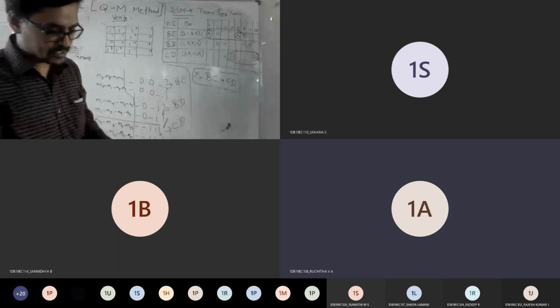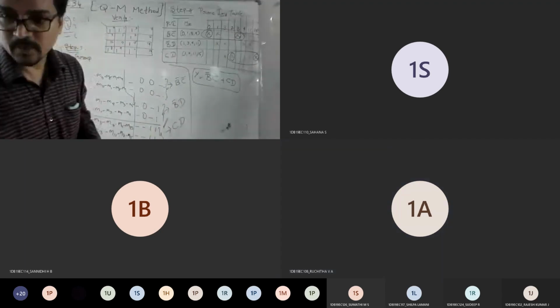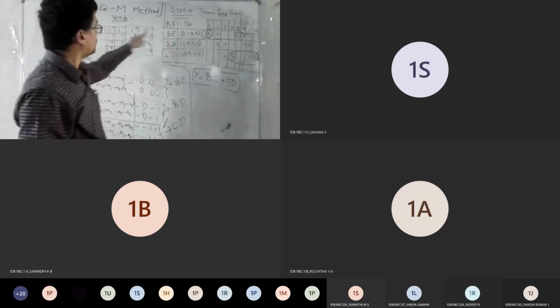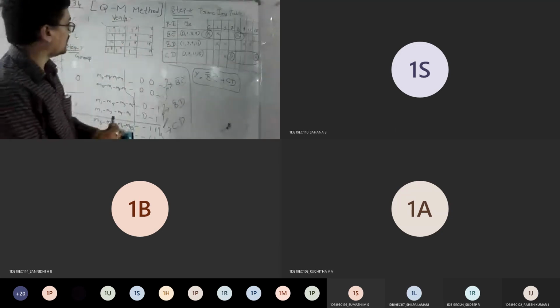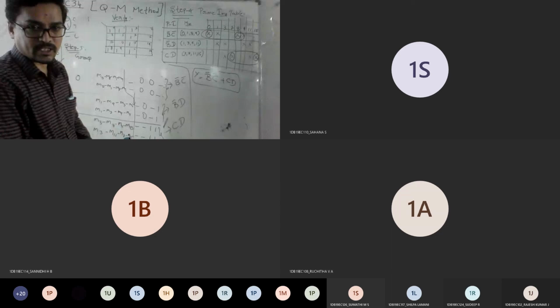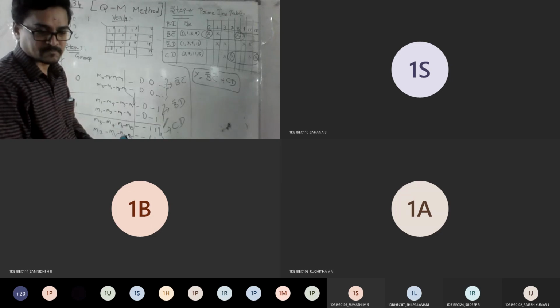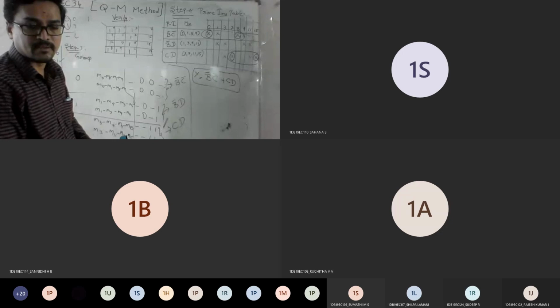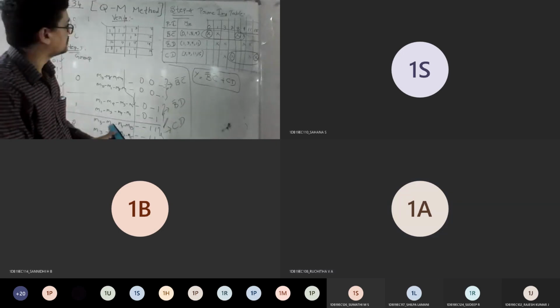So this is what the question says. From the given question, put the ones, using the same method as earlier. So now tell me how many octets will come. Is there any octet anywhere? No, so you have only quads.